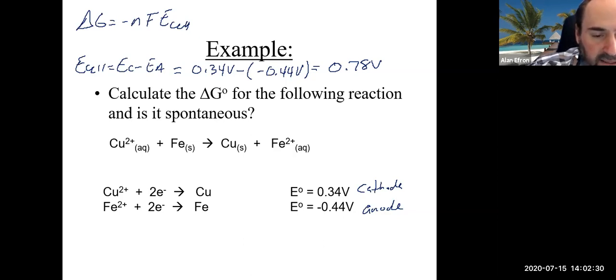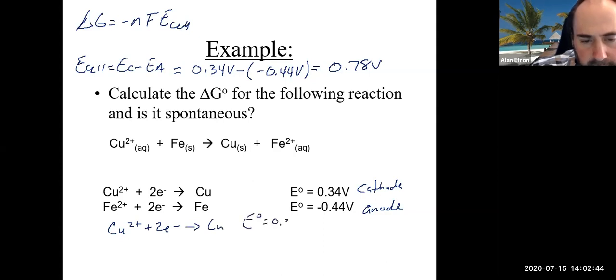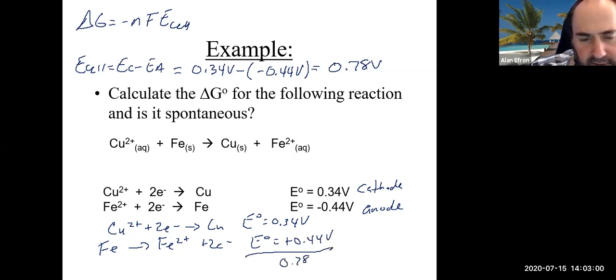When we look at these half reactions, since this technically is the one that we would flip, we would have our copper, and we would flip this one around. And as I was just mentioning, if you add those together, since you did flip the sign, you get the same voltage for E of the cell.